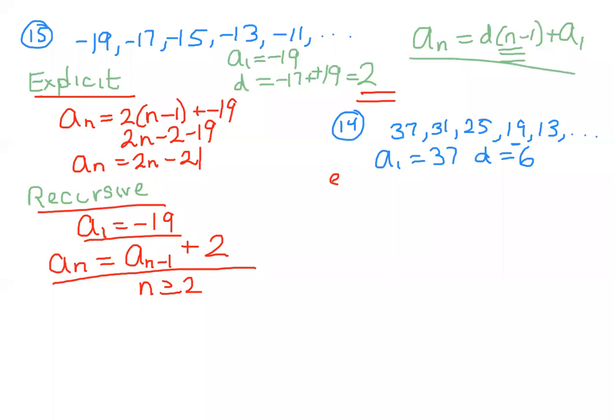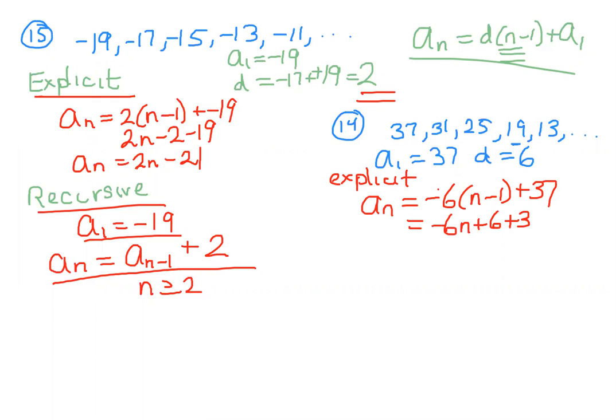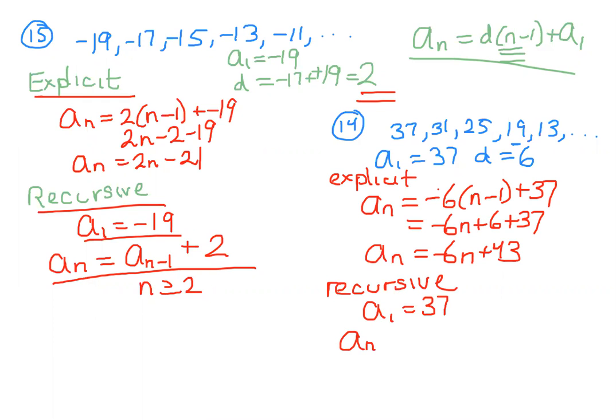And so our explicit is going to be an equals d times n minus 1 plus a1, and go ahead and simplify this, and you get an equals negative 6n plus 43. There's your explicit. Your recursive, we're going to define a1 as 37, and then say an equals an minus 1 plus d, or in this case, minus 6. You can say plus negative 6 or minus 6 for n greater than or equal to 2.